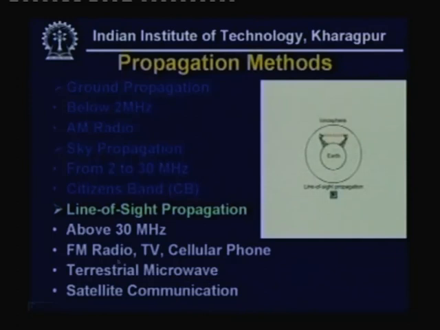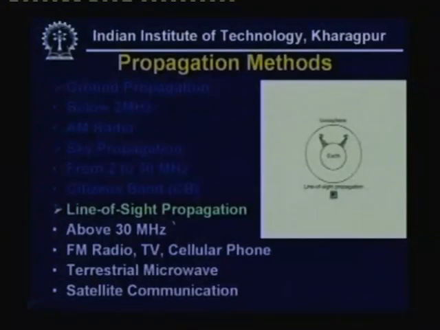And as you know, FM radio, television signals, cellular phone, terrestrial microwave, satellite microwave, all these use line of sight communication. The previous two, that means sky propagation and ground propagation, are essentially broadcast communication. On the other hand, this line of sight communication takes place for frequencies above 30 megahertz.